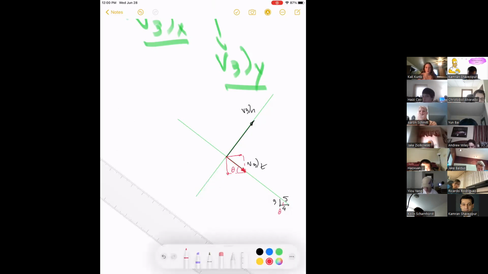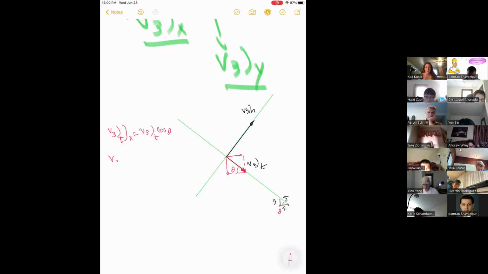So V3tx is going to be V3t times cosine theta. And V3ty is going to be V3 tangential sine theta.